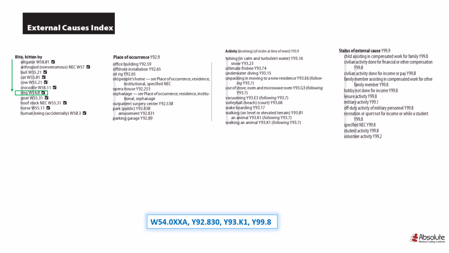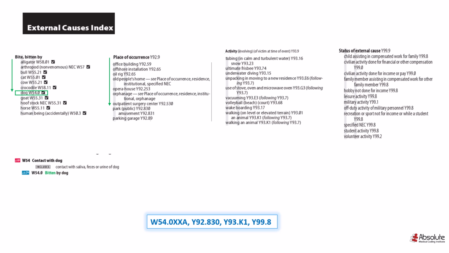Under the bite, look for dog. That would lead you to W54.0, and you have to go and verify the code in your tabular list. So W54.0 is an incomplete code. It requires a seventh character, and you can assign the appropriate seventh character.